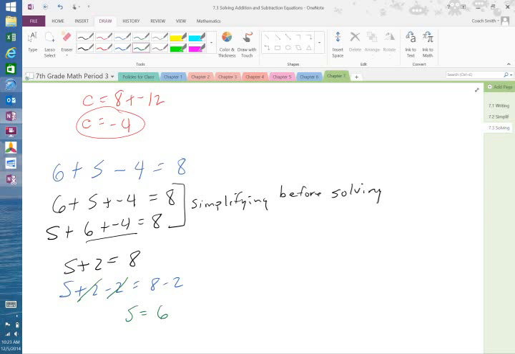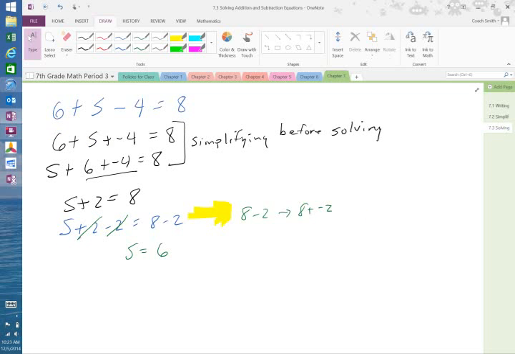Please remember that 8 minus 2 is the same thing as 8 plus negative 2. Those are the same. That's why it's equal to 6. I'm just doing it in my head instead of doing it on the screen.